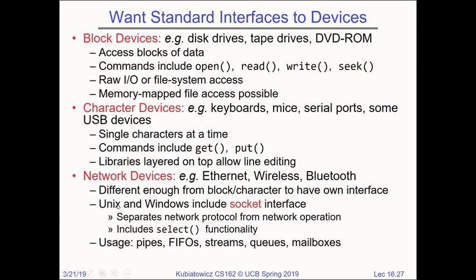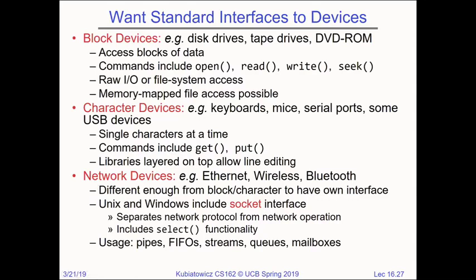And Unix and Windows and a bunch of other operating systems all have socket interfaces to network-type devices. And they help separate the network protocol from the operation, and in many cases include a select option, which is a way to basically say, here's a bunch of network sockets I'm listening on.